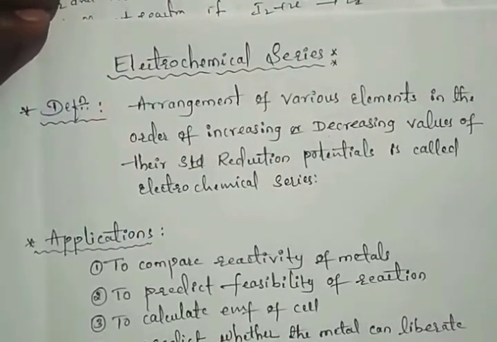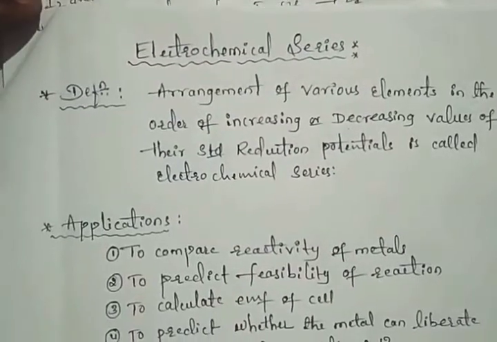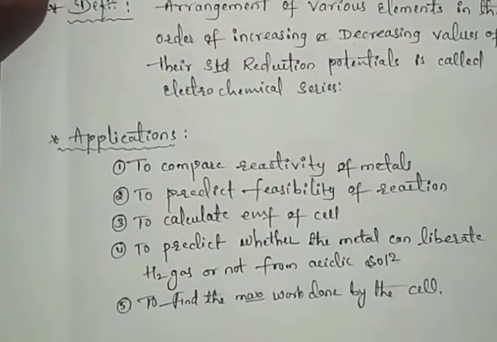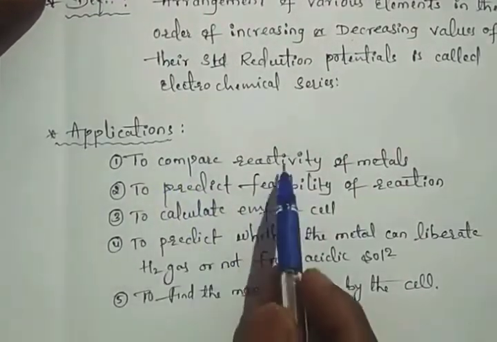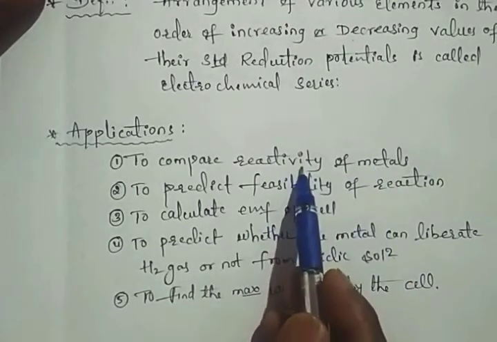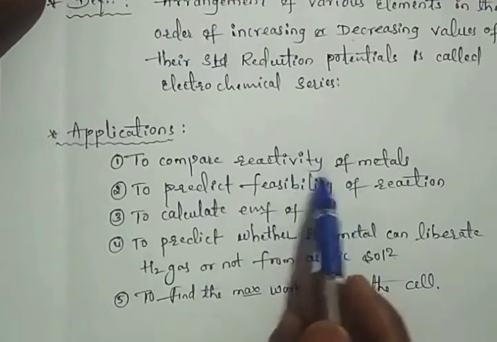And this electrochemical series finds many applications. By knowing the value of electrode potential of a metal, we can predict or compare the reactivity of metals. We can also predict which electrode is a strong oxidizing agent or reducing agent among the given species.